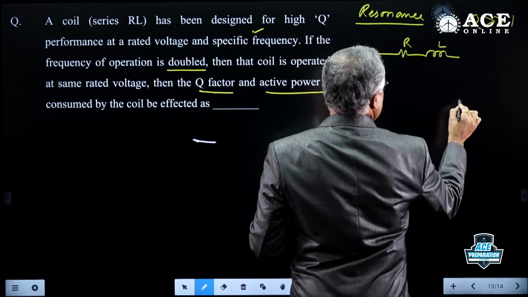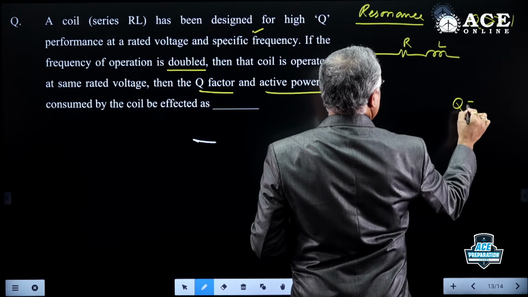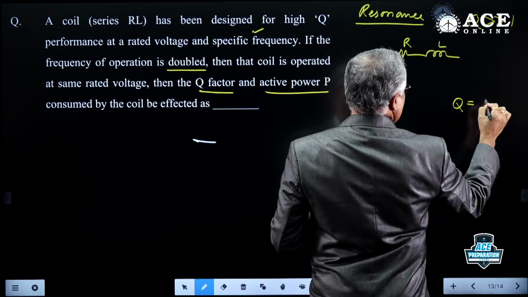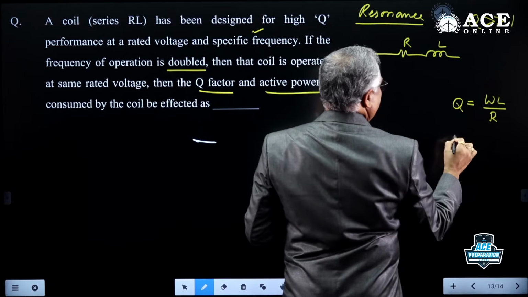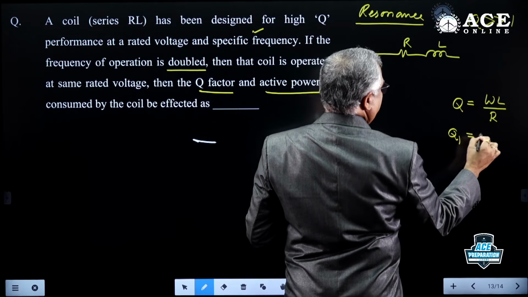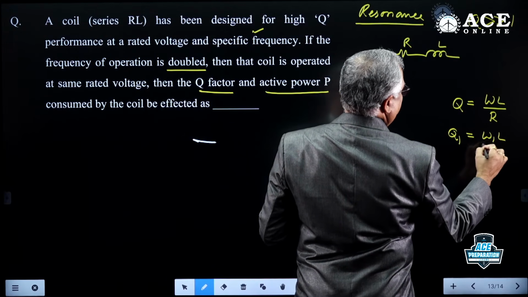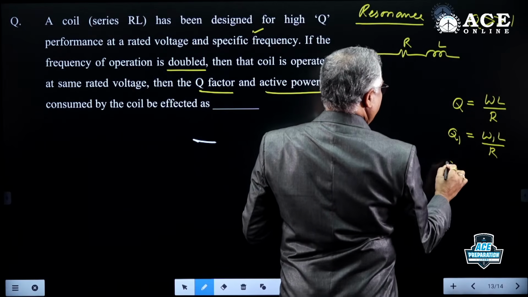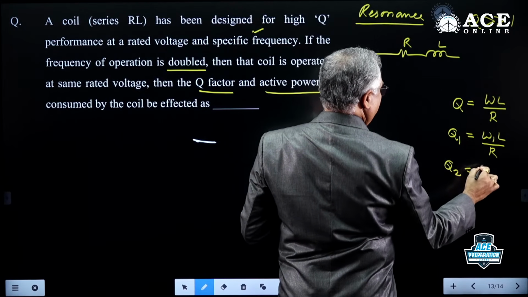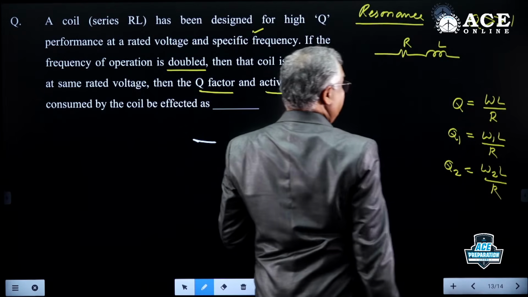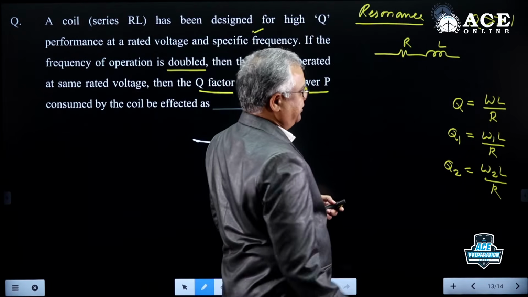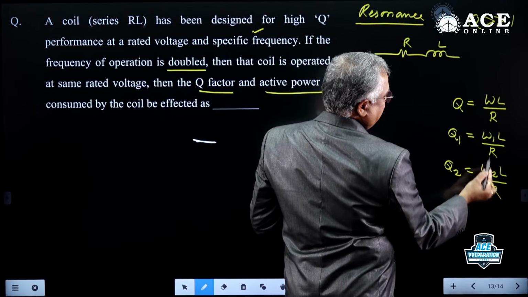What is the quality factor formula? Q, for a series coil, is omega L by R. What is Q1? It is omega 1 L by R. What is Q2? Omega 2 L by R. So quality factor varies with frequency.